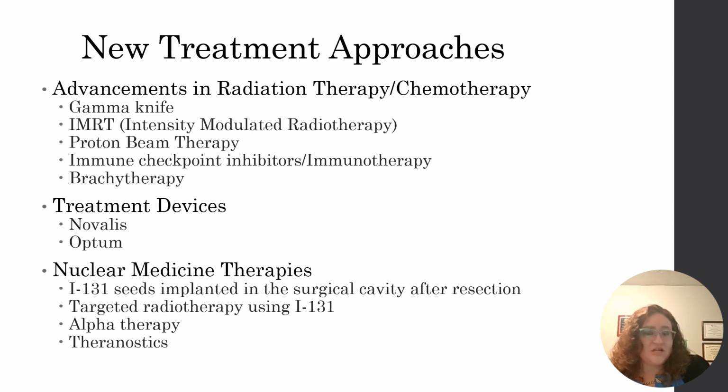So this is in no way, shape, or form a complete list, but this is showing you some of the new treatment approaches that are in current clinical trials. There are advancements in radiation therapy and chemo. One thing is proton beam therapy. Another promising one is immune checkpoint inhibitors or immunotherapy. And then there's also a brachytherapy approach, and there's a couple different types of clinical trials with that. There are treatment devices that are being tested that will deliver low doses of radio frequencies and things like that continuously to patients.